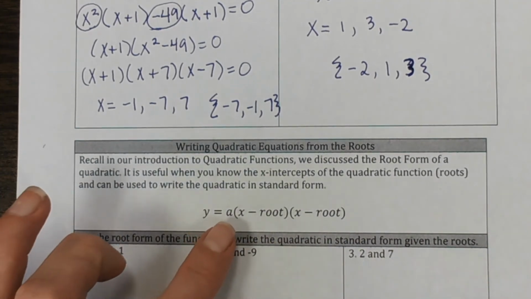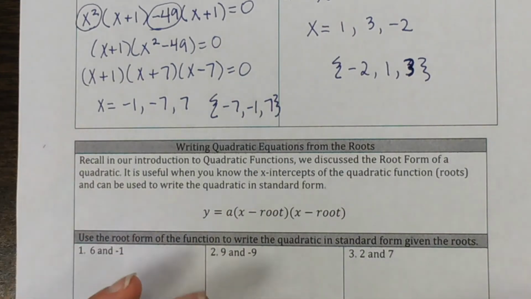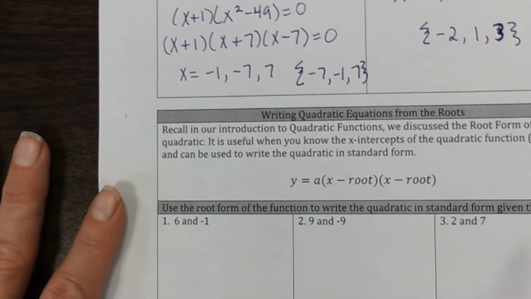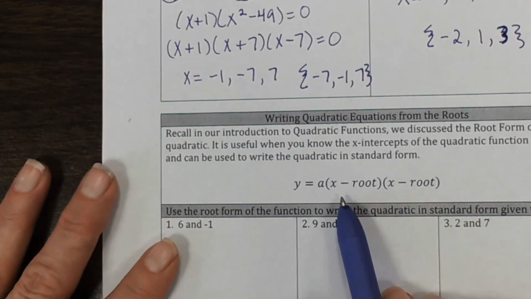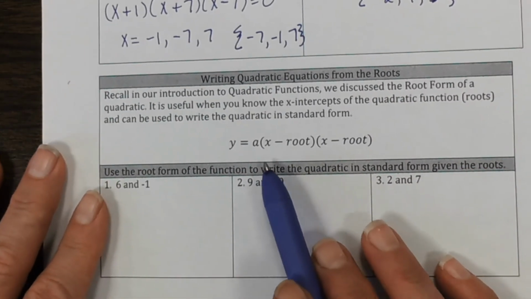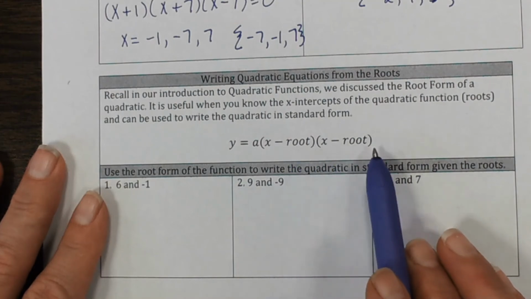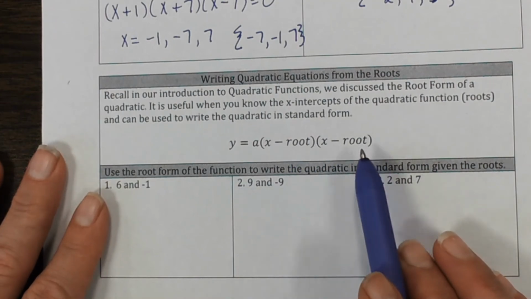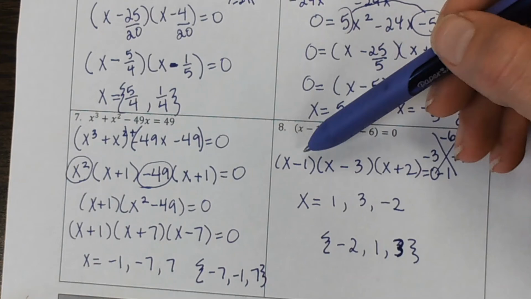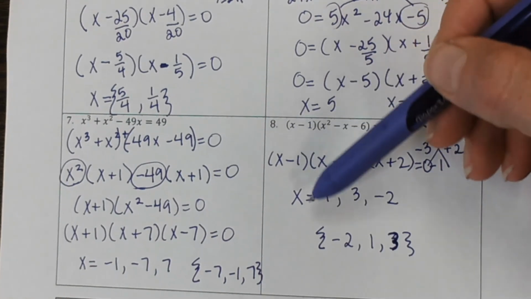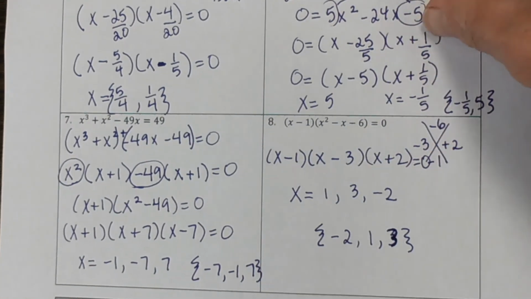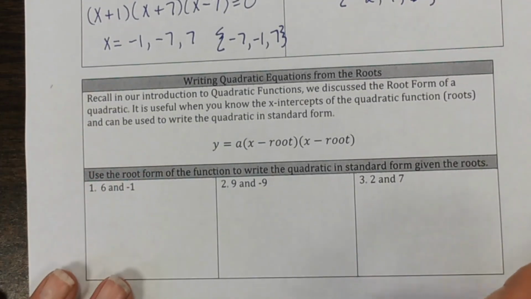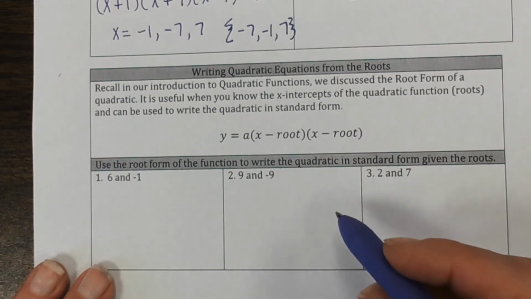Now, in all of these examples, we're not going to have an a, but you would be told if you had an a. So remember that our root form is x minus the root and x minus the root. And then remember, we kind of knew that right here because when it was x minus 1, our root was 1. So remember, when we're putting them back into our parentheses, we're always going to change the sign.